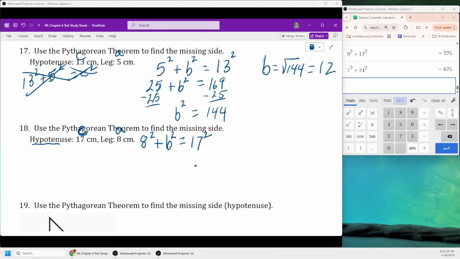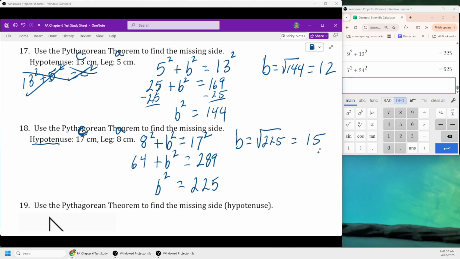That's 64 plus B squared, and 17 squared is 289. If we subtract the 64, that'll be 225 again. To get B by itself, you take the square root of that, which is 15.